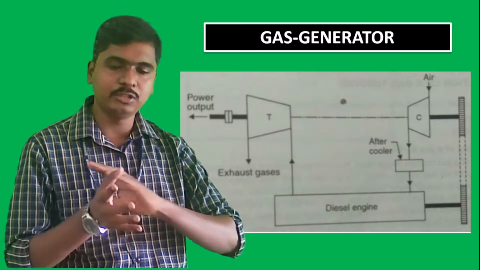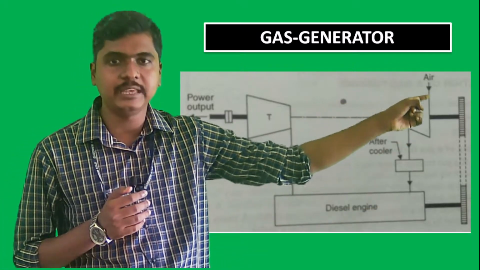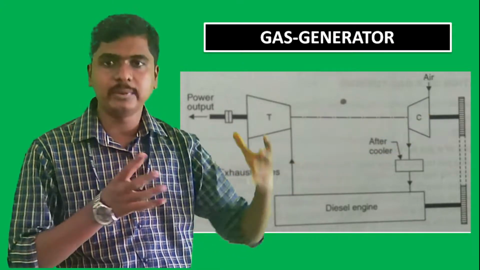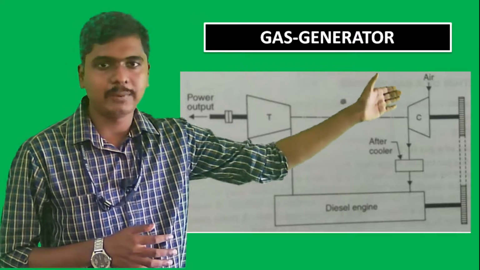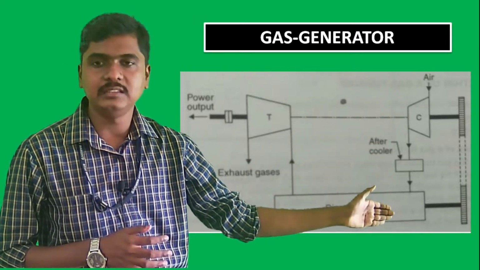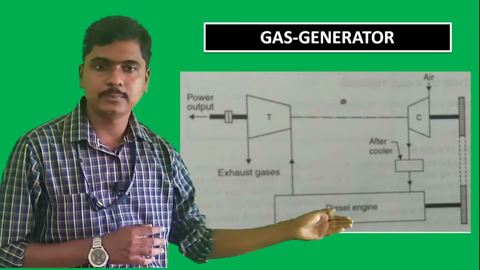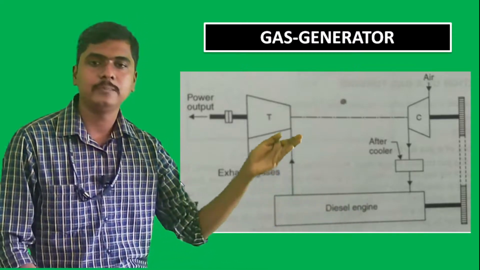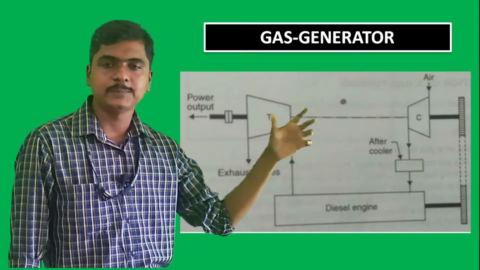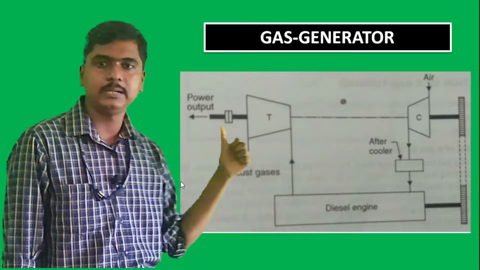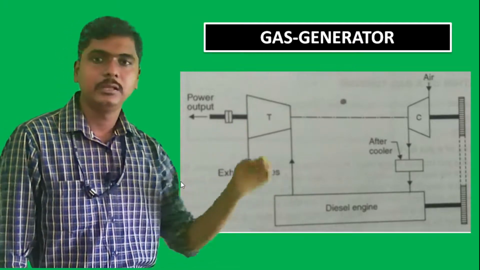We take the atmospheric air to the compressor, which compresses it so its pressure and temperature increase, then we supply that air to the diesel engine. Inside the diesel engine, burning of the fuel takes place, then the exhaust from the diesel engine is supplied to the turbine, where expansion of the gas takes place and we get mechanical work output. All the process remains the same.